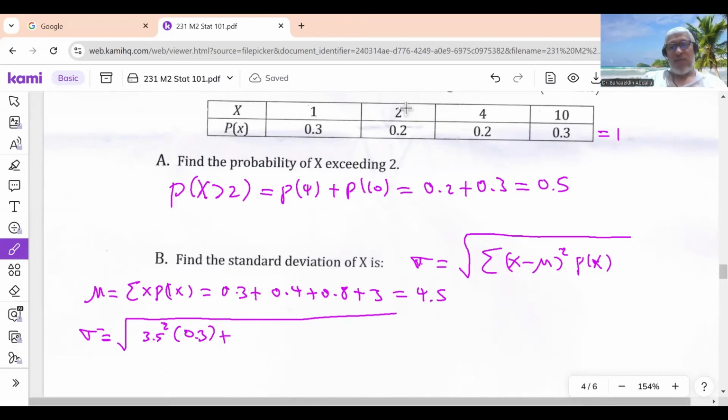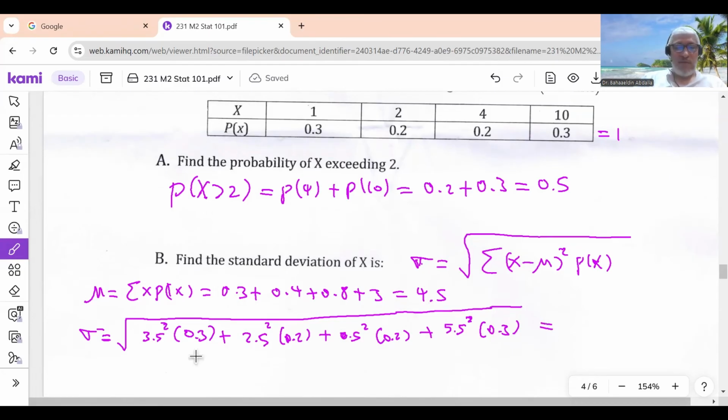plus, do the same, 2 minus 4.5, it's 2.5. Of course, it's negative, but when you square, the negative is not important. Plus 4 minus 4.5, this is 0.5 squared, times 0.2, plus 10 minus 4.5 is 5.5 squared, times the probability of 10.